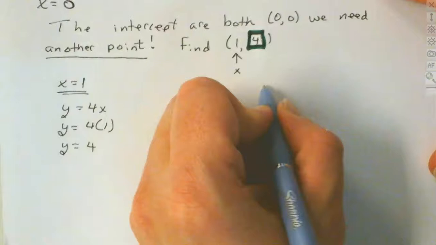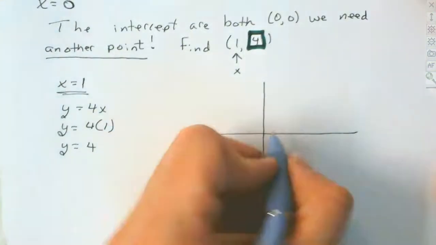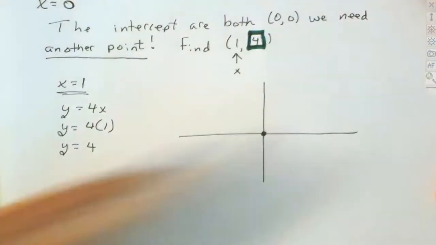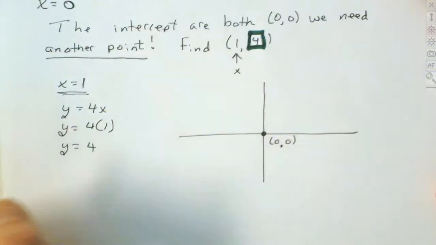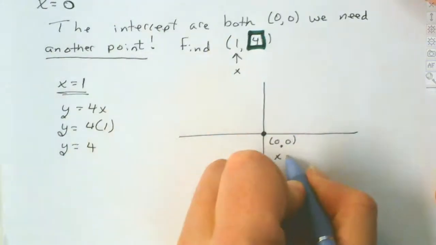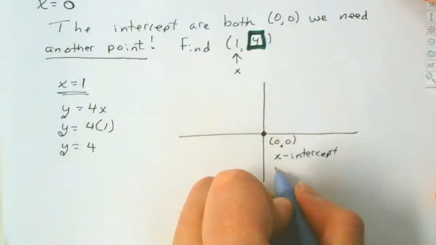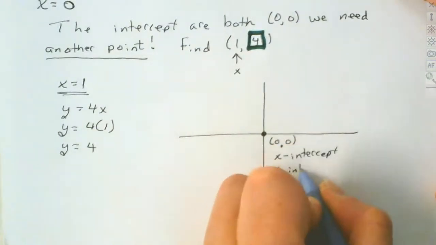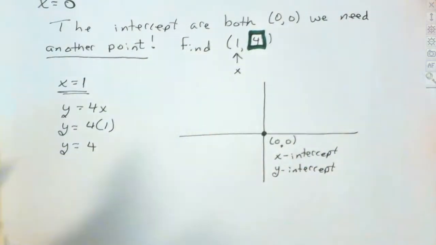Okay, so let's go ahead and graph this one. And where are our intercepts both at? 0, 0. That's the origin. That's our first point. And that is the x and the y intercept. Now, where's my next point?